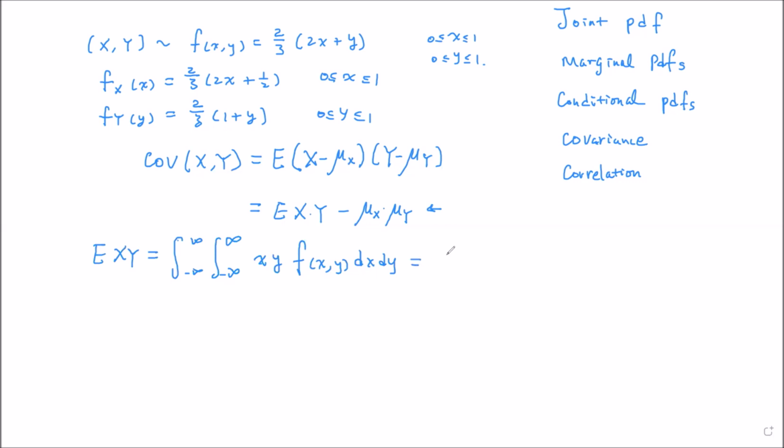Anyway, let's plug in the joint density, and I'm going to replace the lower and upper limits with 0 and 1: xy times 2/3 times (2x plus y) dx dy. It doesn't really matter which integral you integrate first for this problem, but sometimes one direction is better than the other.